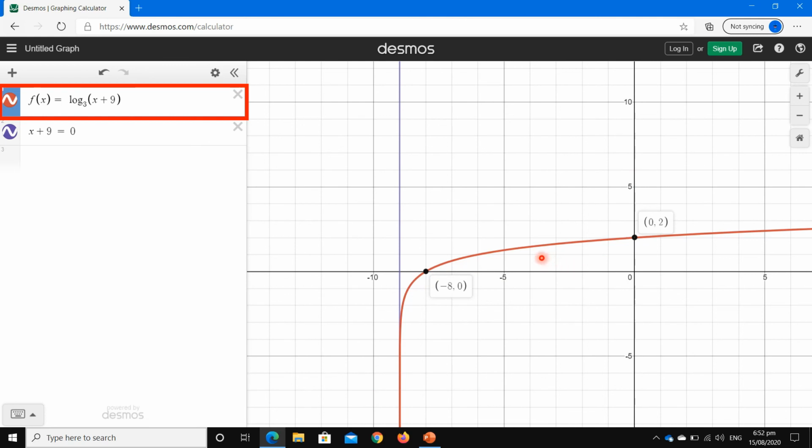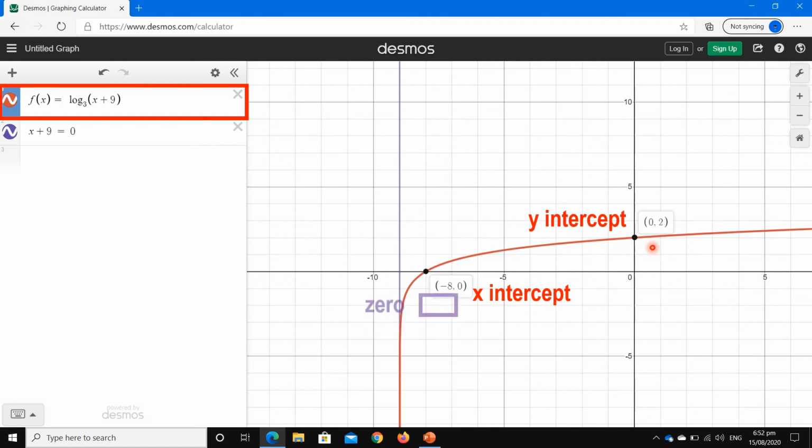Where the graph passes through the x-axis, that is our x-intercept, and where the graph passes through the y-axis, that is our y-intercept. In this case, our x-intercept is (-8, 0), and our y-intercept is (0, 2).